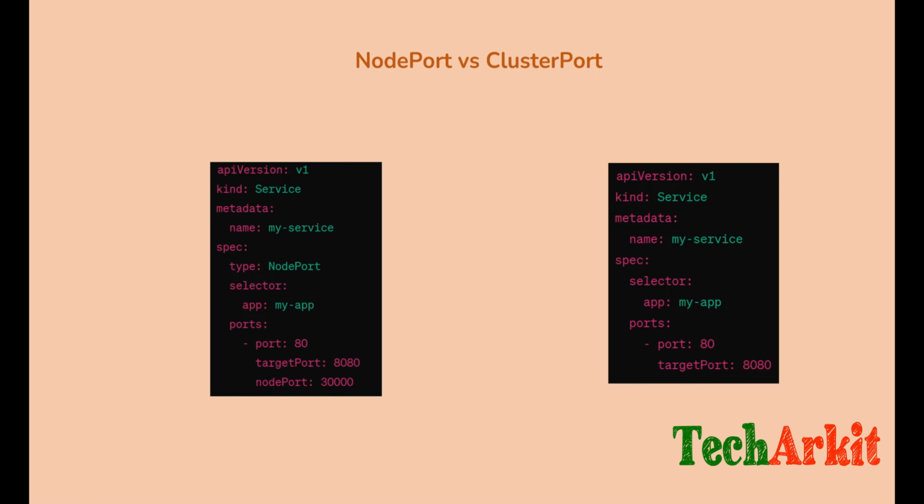So you can utilize that port range to expose the service. For ClusterIP, we don't need to specifically define any NodePort. It is automatically the internal default, so you don't need to define anything over here. So that is the major difference between NodePort and ClusterIP in Kubernetes.